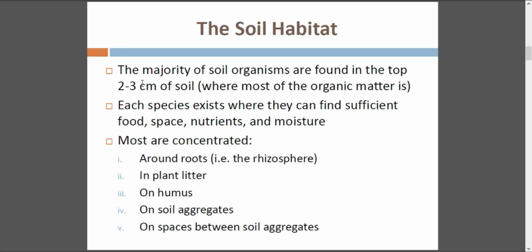We see that the majority of organisms in the soil are found in the top 2 to 3 centimeters, where we have the majority of the organic matter content.